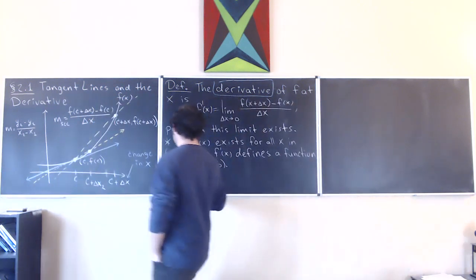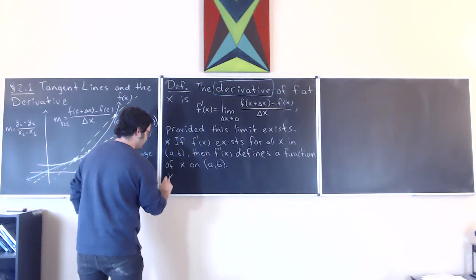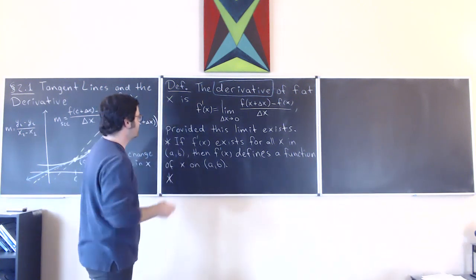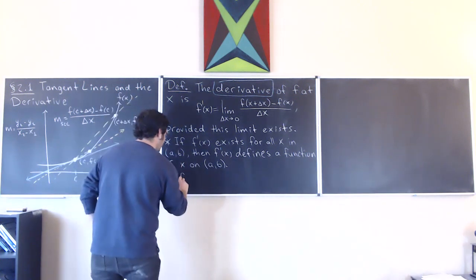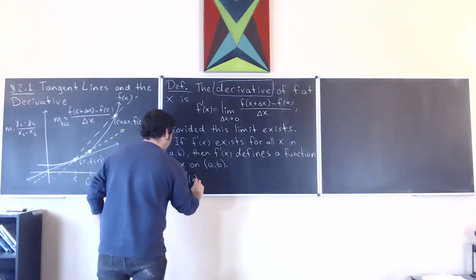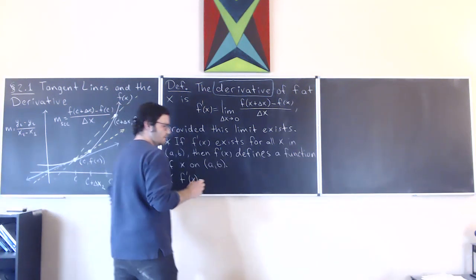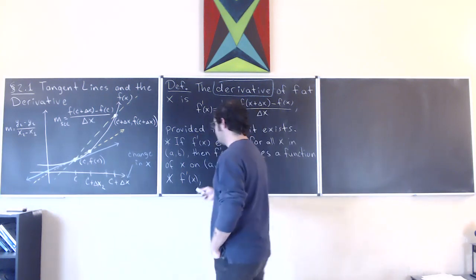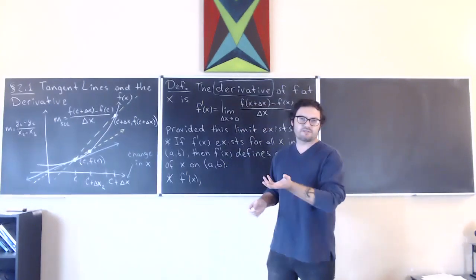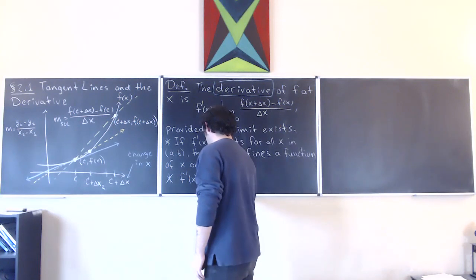So as far as notation, I need to make some comments about notation. f prime of x is just one way of writing the derivative. Another way, if you have a function y of x, would be dy/dx.